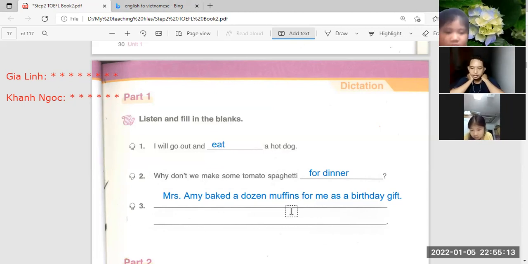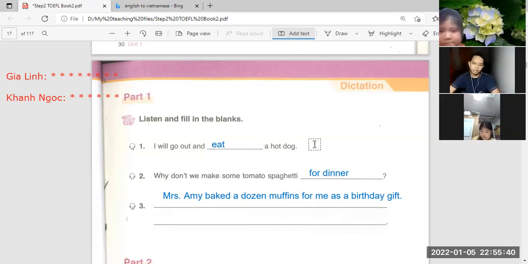Okay, very good. Ken Ngok, number 2. Why don't we make some tomato spaghetti for dinner? Okay, Yelling, number 3. Mrs. Amy baked a dozen muffins for me as a birthday gift.